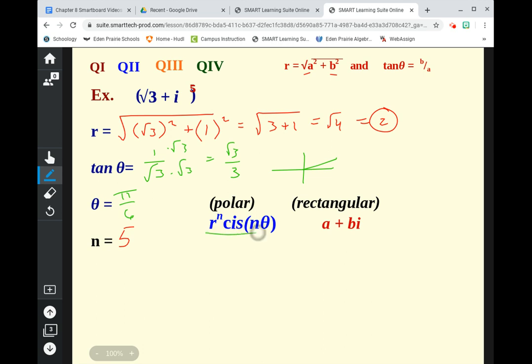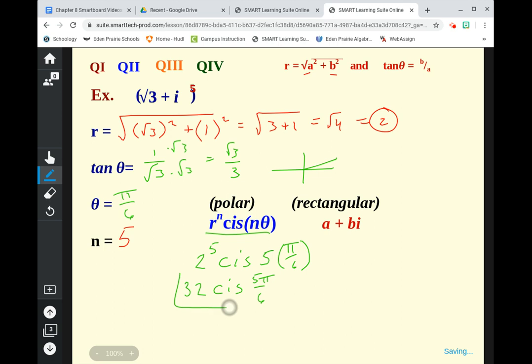Now if we use this form, r to the n cis n times theta, the r we just found was 2, to the power of n, which is 5. Cis is the cosine theta plus i sine theta: cis of n, which is 5, times theta, which is pi over 6. Let's clean that up a little bit. 2 to the fifth power is 32, cis 5 times pi over 6 is 5 pi over 6.